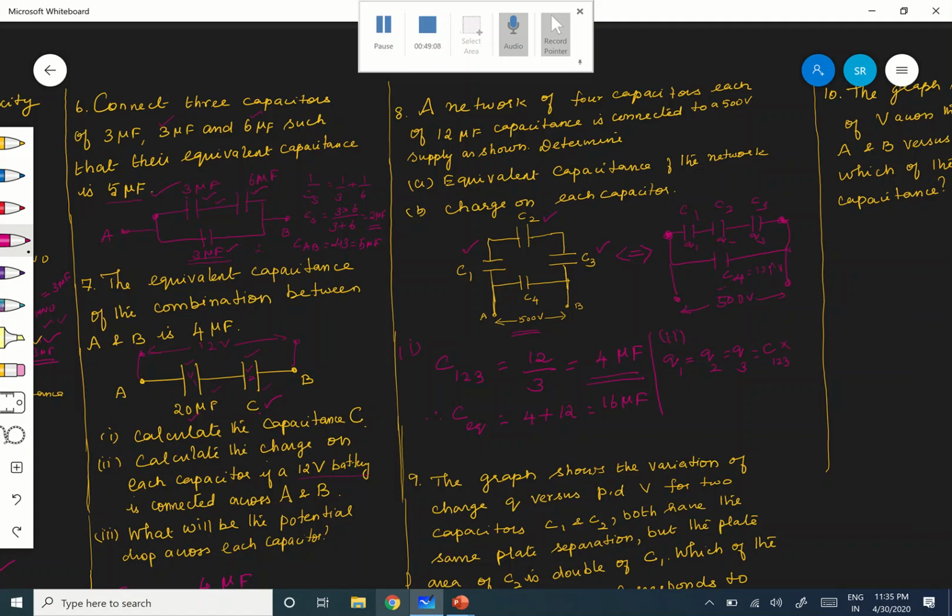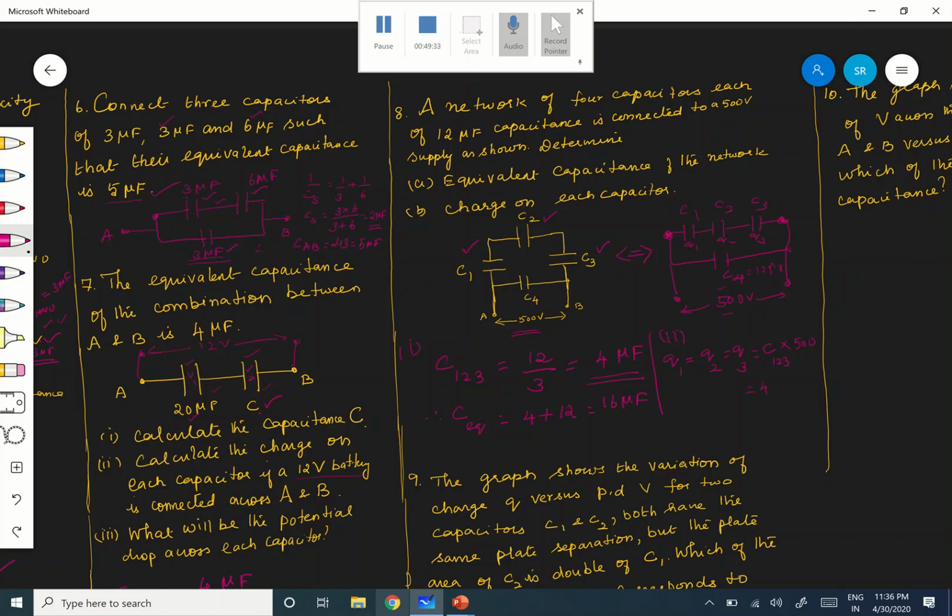All three are connected to, what is all C1, C2, C3 put together, what is the potential drop across all the three? That is nothing but 500, na. Therefore, into 500. C1, 2, 3 together is 4, na.